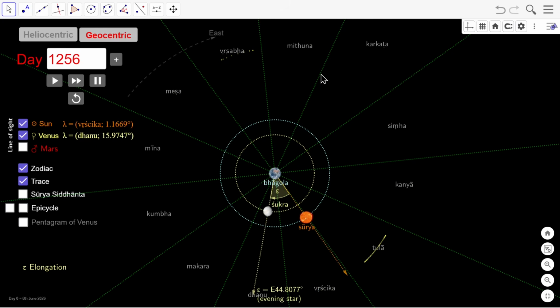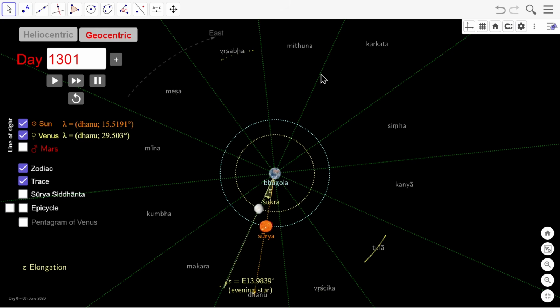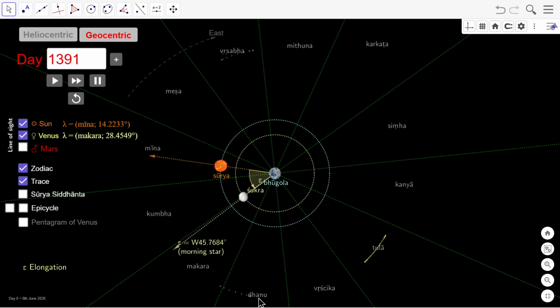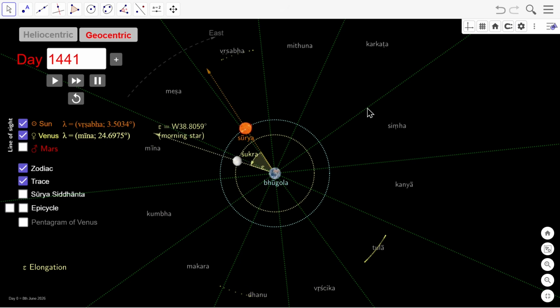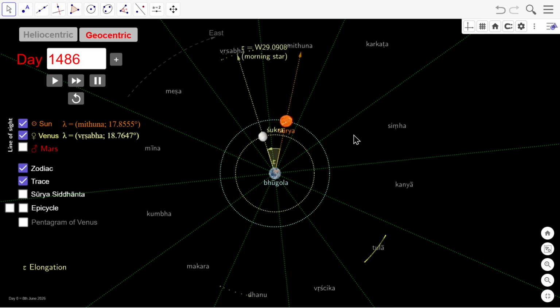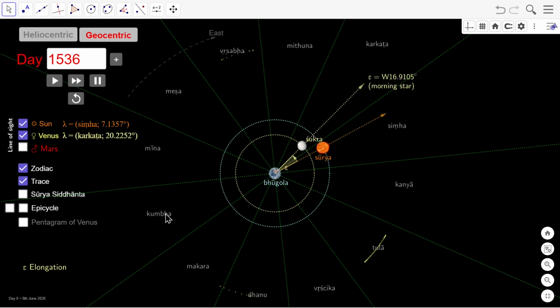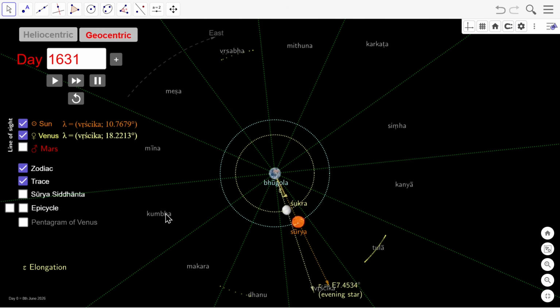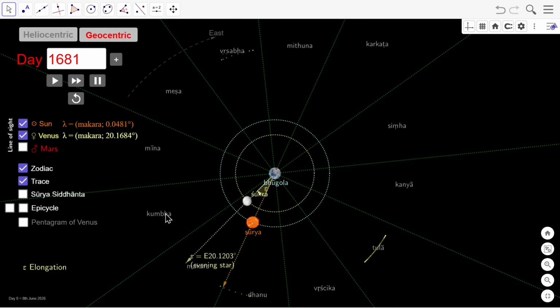I'm waiting for the third retrograde movement, which is going to happen anytime there. There you go. That is then third retrograde movement. The fourth has to happen here, and the fifth one has to happen on this side. Then you have all 5 retrograde movements covering the space around Bhugola.